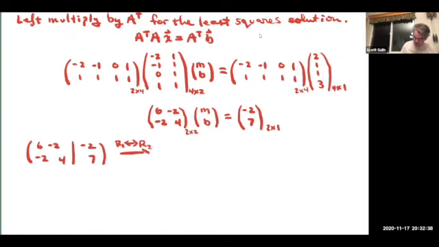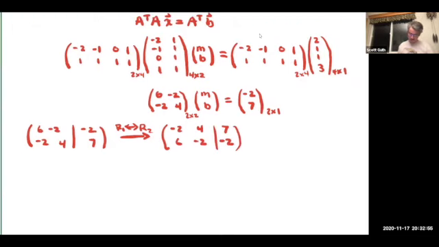It just seems easier. So we'll get a -2, 4, 7 there. And then the 6, -2, -2 here. Okay. And now we'll do 3 row 1 plus row 2 into row 2.